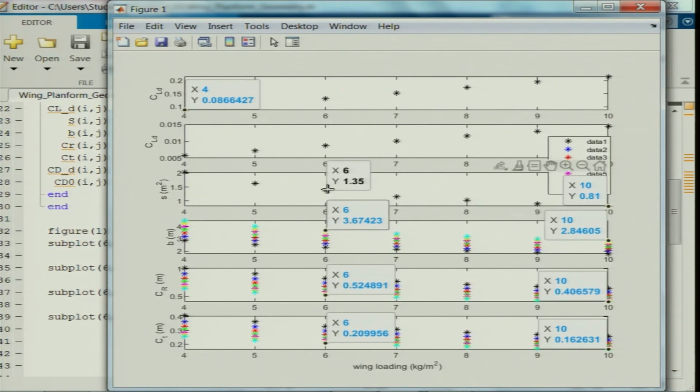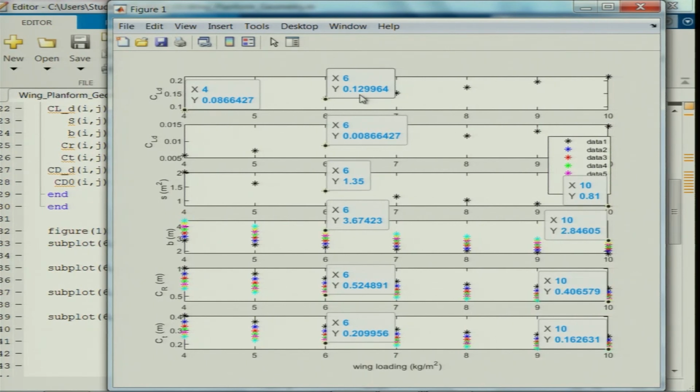So, the area here is about 1.35 meter square, and the drag that you may encounter is quite less here, 0.01 close to, right, and so the design C_L is about 0.13.